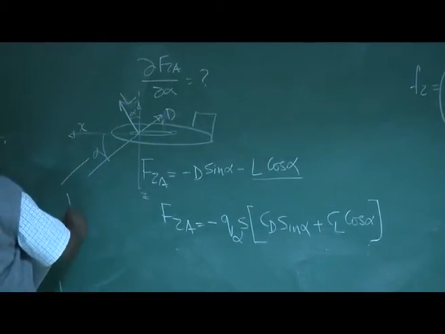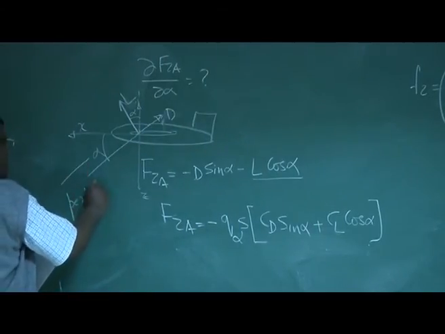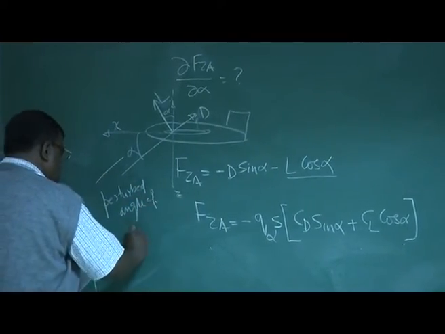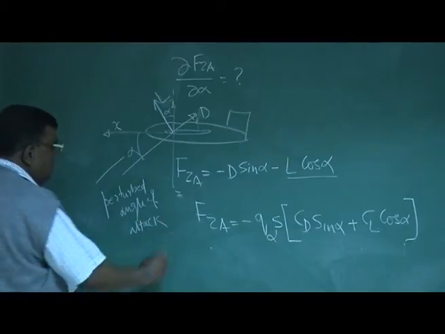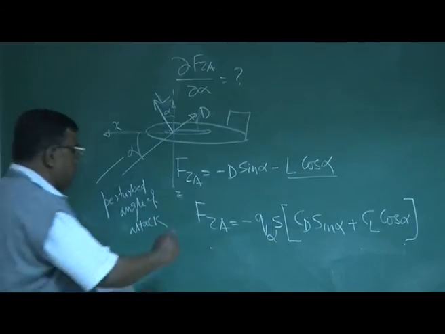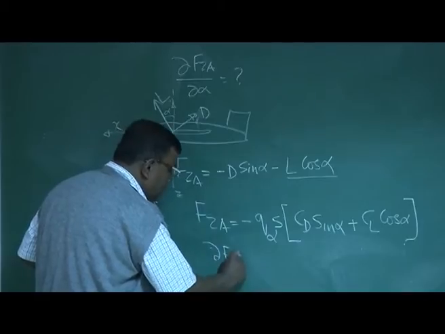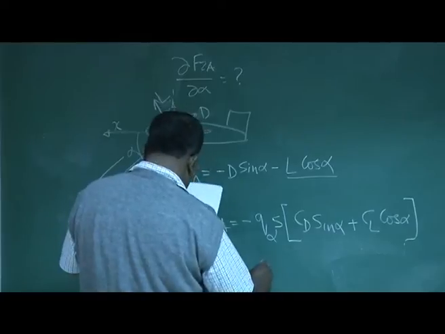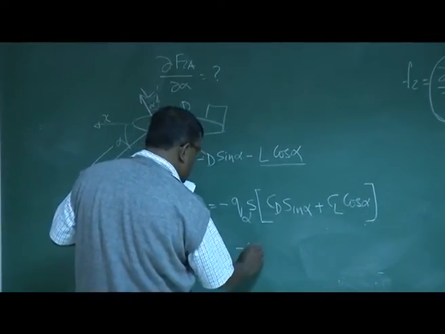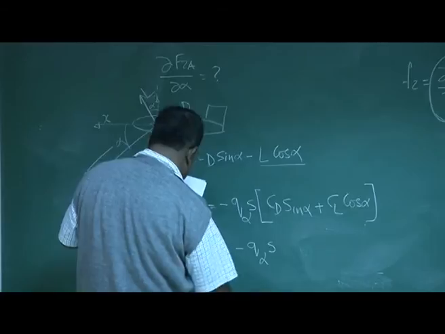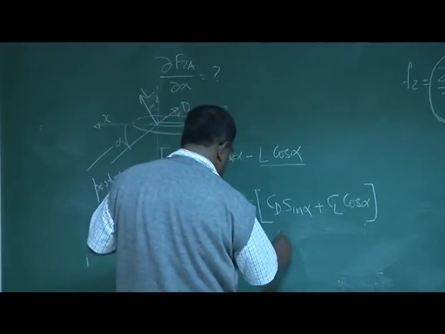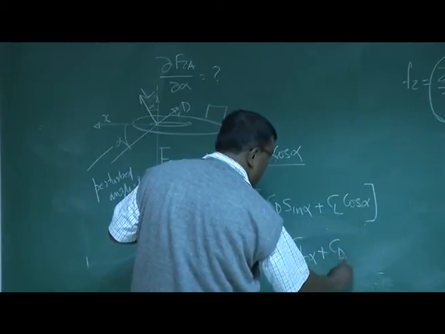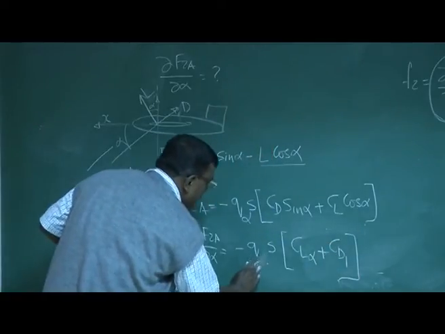Now our aim is dFZA by d alpha, which will be minus q infinity S into CL alpha plus CD1.